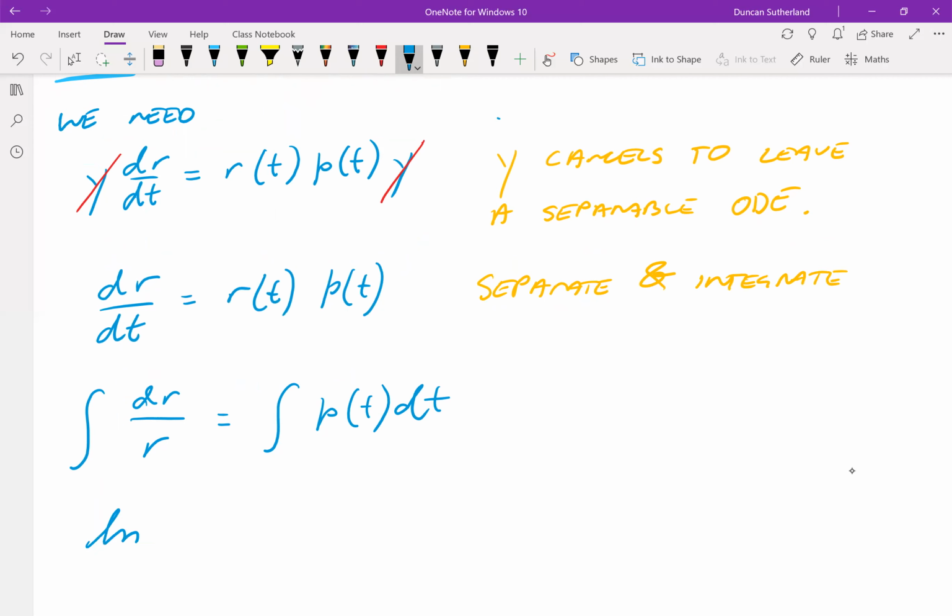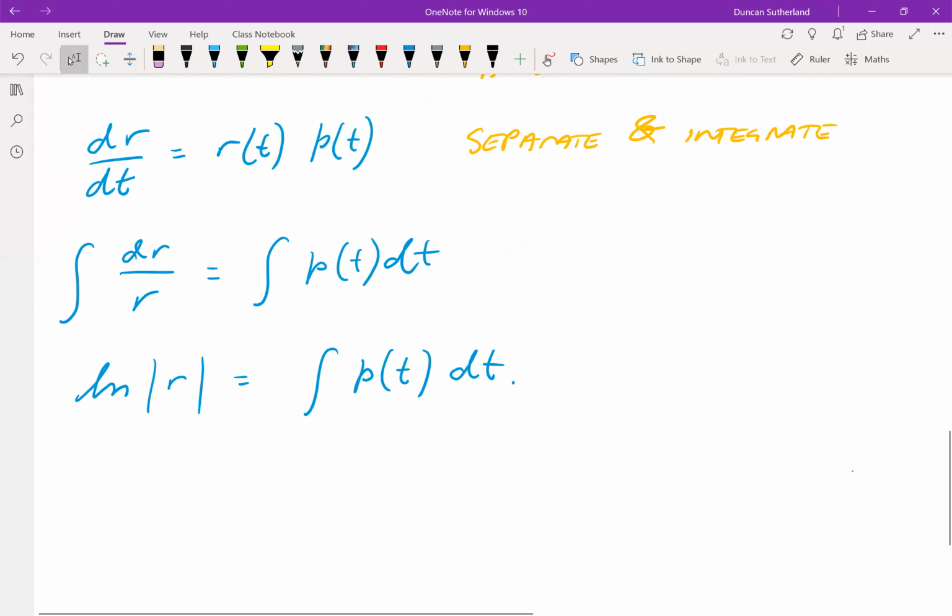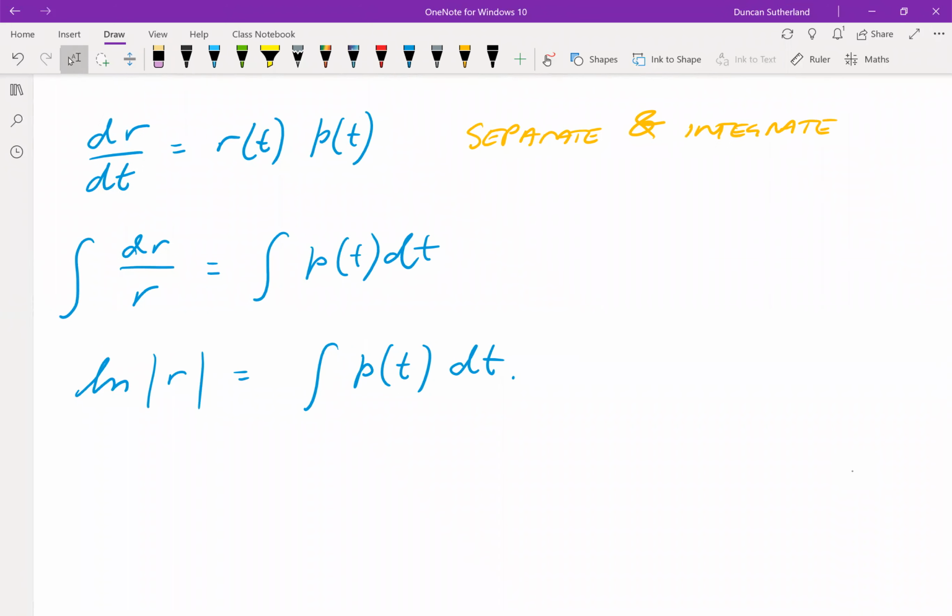We get a log. And there's nothing we can do with this equation, right? We're not given an explicit form of p(t), so we have to leave it in this integral form because we can't go any further.